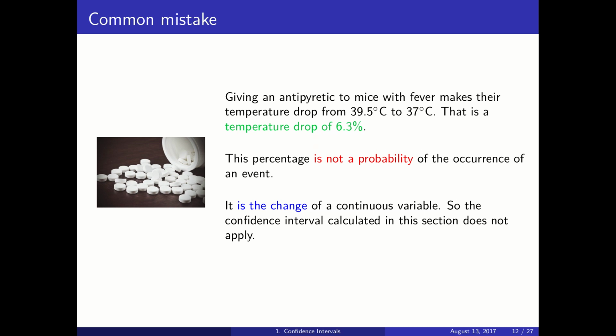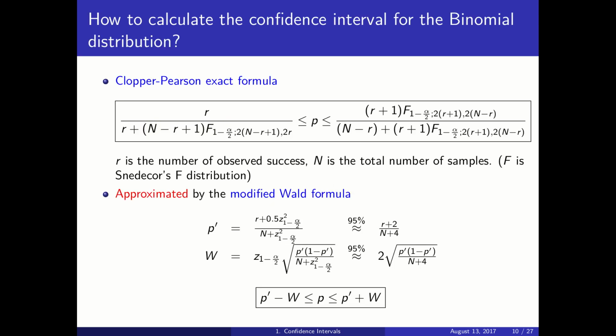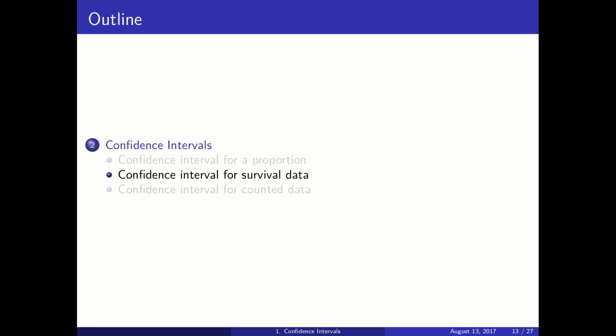So not for everything that can be expressed as a percentage we have to construct a confidence interval using this kind of formulas. This is only valid for the binomial distribution. So this is it for today, and tomorrow we will see survival data.